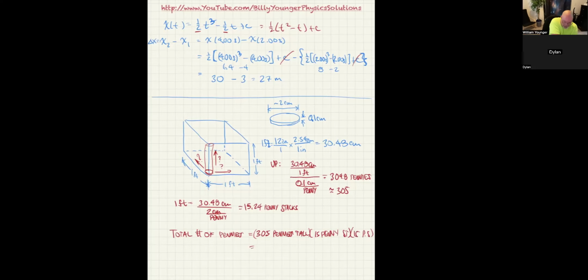So I'm doing 305 times 15 times 15. Whoa, I did plus in all cases, so I'm not sure why I did that. So 305 times 15 times 15 gives me about 68,625.